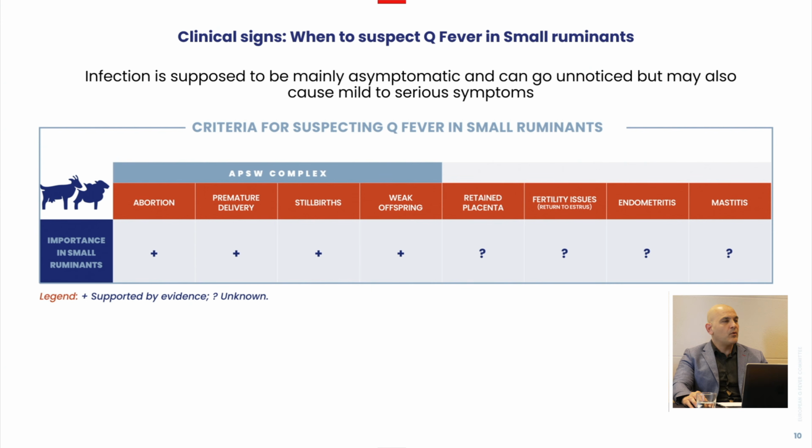However, when clinical disease occurs in small ruminants, it is characterized by acute reproductive failure. Clinical coxiellosis in small ruminants is characterized by the so-called APSW complex, an acronym for abortions, premature births, stillbirths, and weak offspring. Late gestation abortion is the most prominent and serious symptom observed in infected farms.